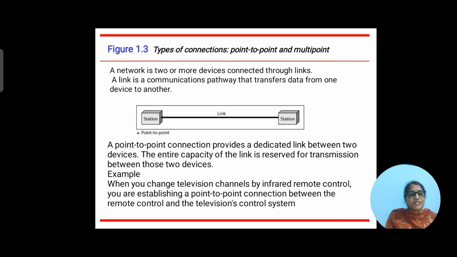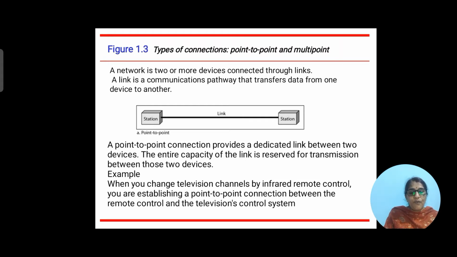For visualization purposes, it is simplest to imagine any link as a line drawn between two points. For communication to occur, two devices must be connected in some way to the same link at the same time.